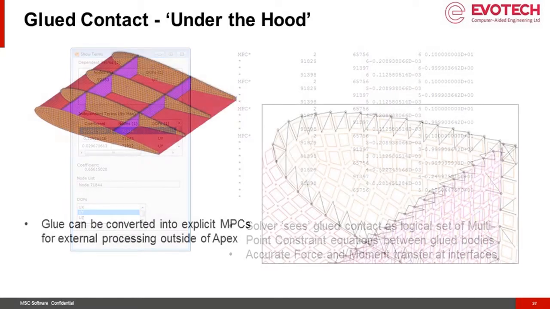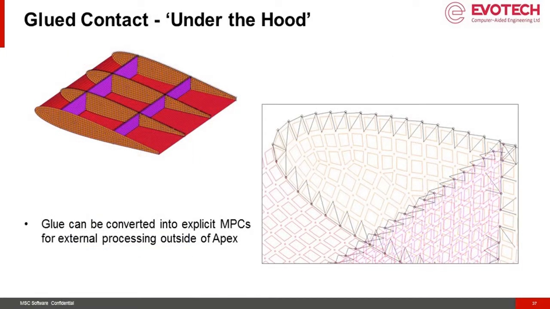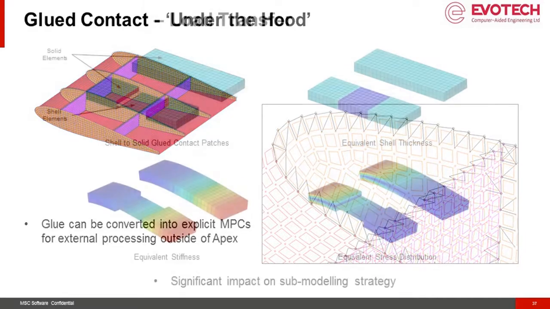But the way that the MPCs work, effectively explicit MPCs, which connect the nodes between adjacent glued contact pairs and set the terms for the explicit MPC to allow rapid and accurate load transfer at the interface, irrespective of the dissimilar mesh at the glued contact pair.